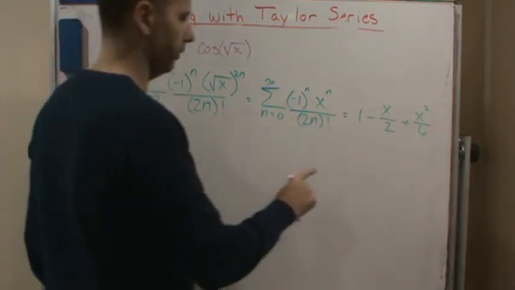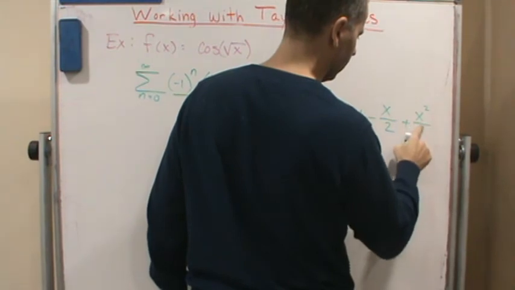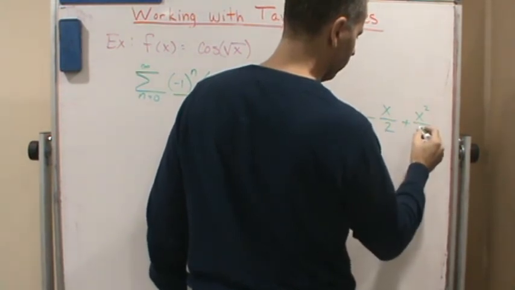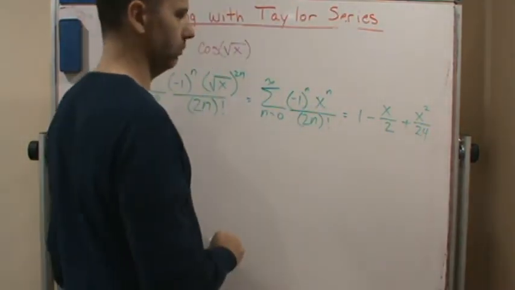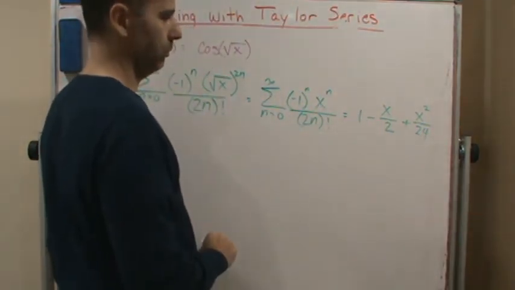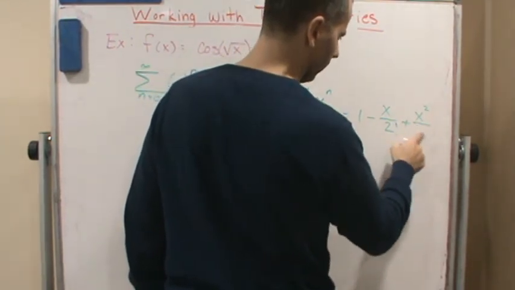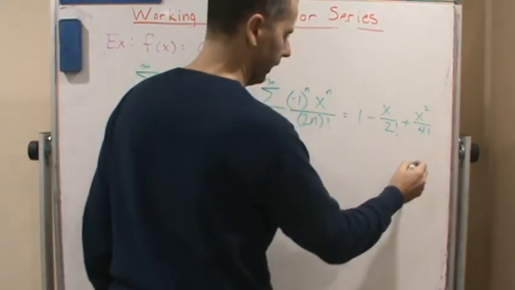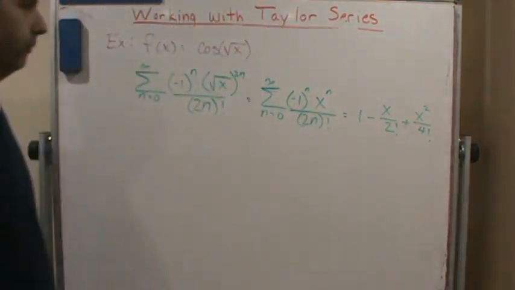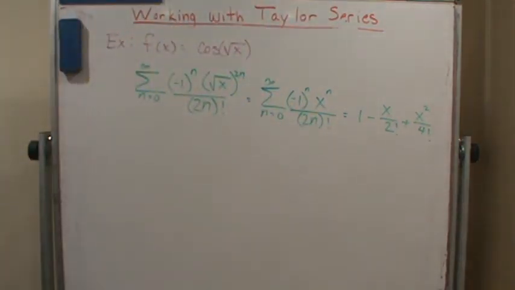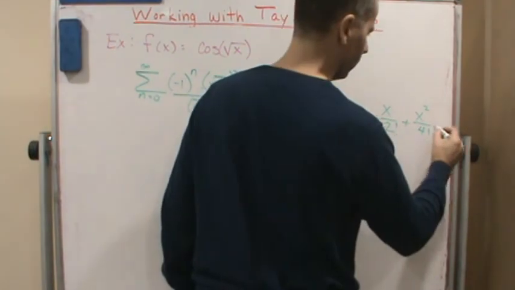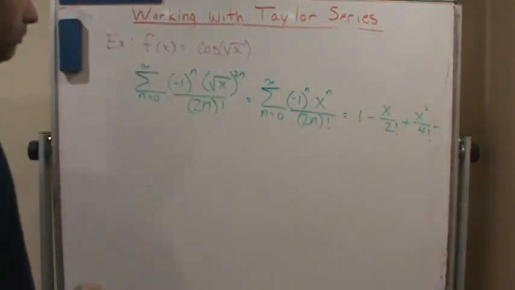Or no, sorry, this should be 24. Okay, but let's write this as factorial. So this would be 4 factorial. And then minus and so on.